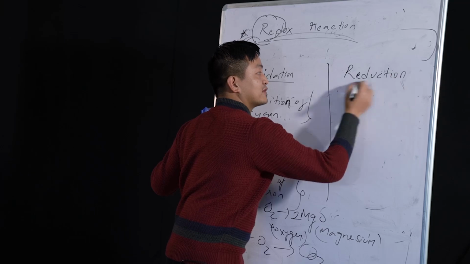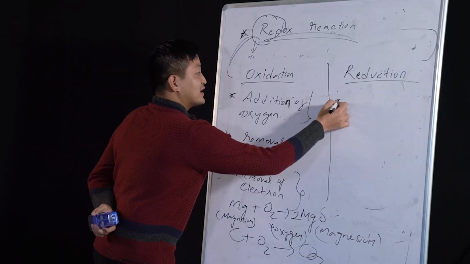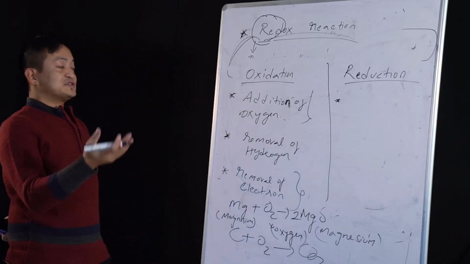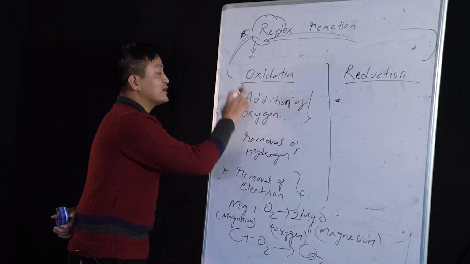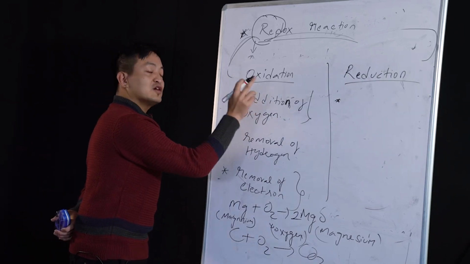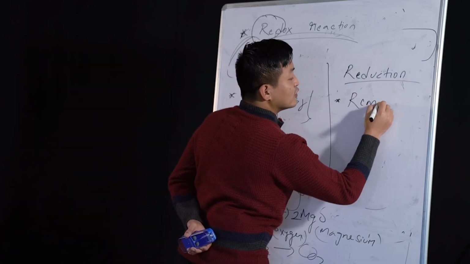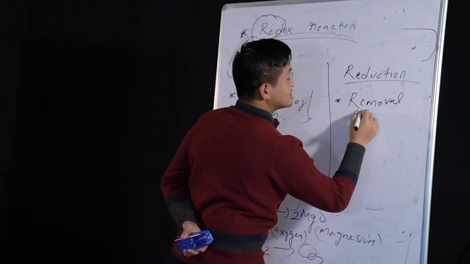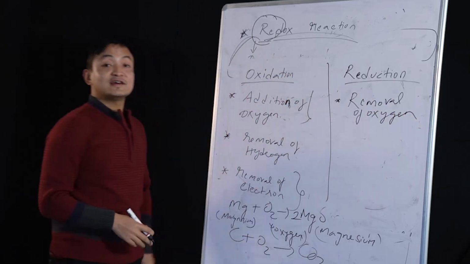What did I say? I said reduction reaction is just the opposite of oxidation reaction. Clear? Now here there was an addition of oxygen, so now it will be a removal of oxygen. Now it makes sense, right, students?